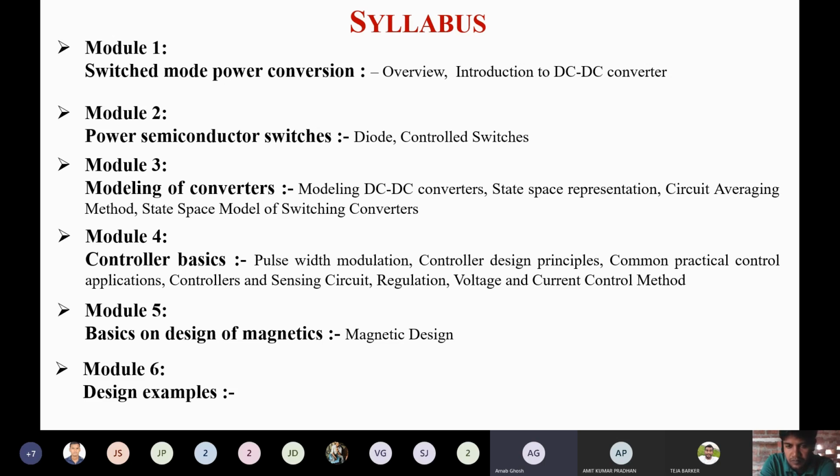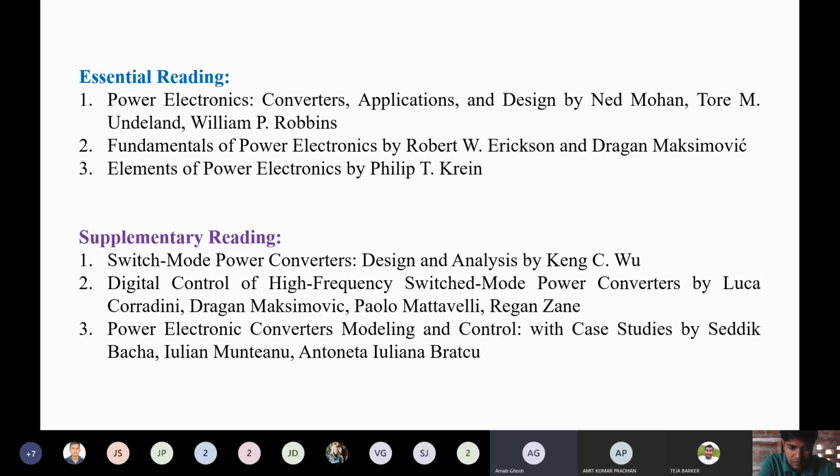The next module is the power semiconductor devices, where we discuss the most important solid state devices practically used in our switching converter circuits. Normally we use the MOSFET and the IGBT, and sometimes the IGCT. The IGCT is a very costly device with some dedicated solutions.